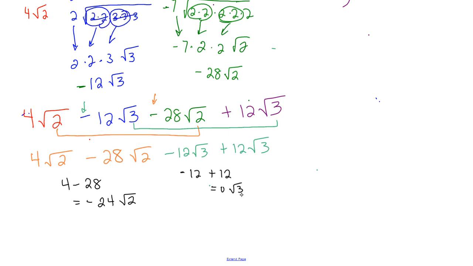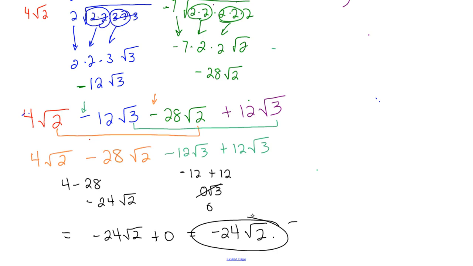Square root of 3, but that's just 0. So my answer technically is negative 24 square root of 2 plus 0, but that's silly. So our final answer is negative 24 square root of 2. So individual, I made a mess of it, but you would just literally look at each piece individually.